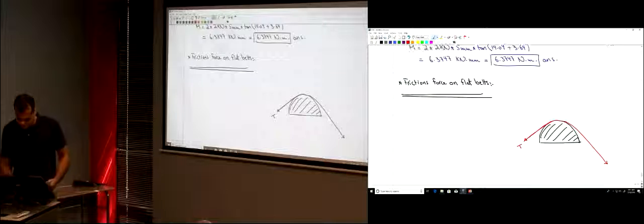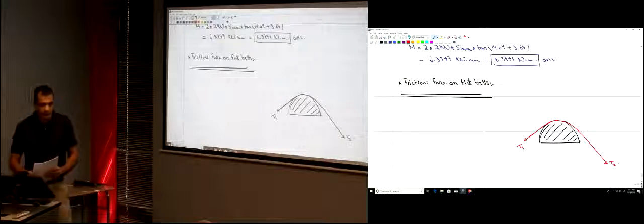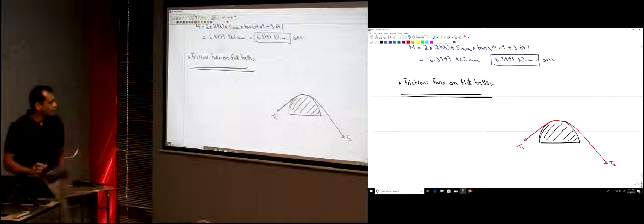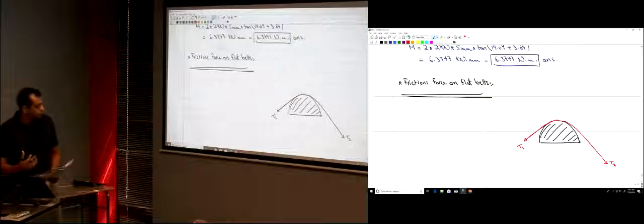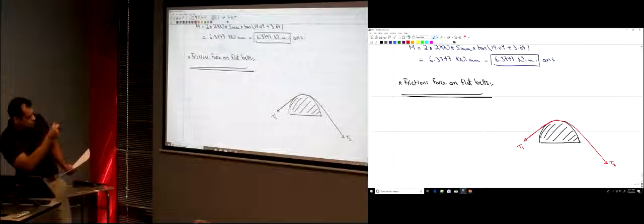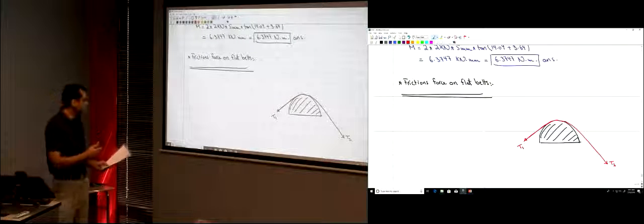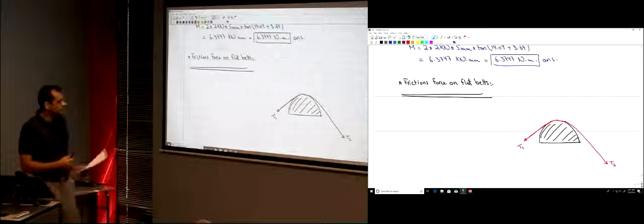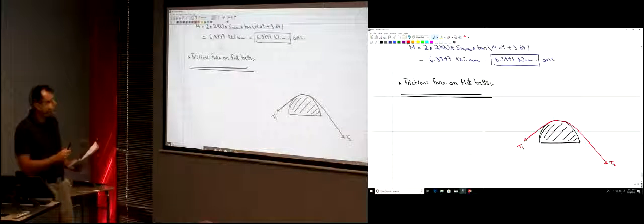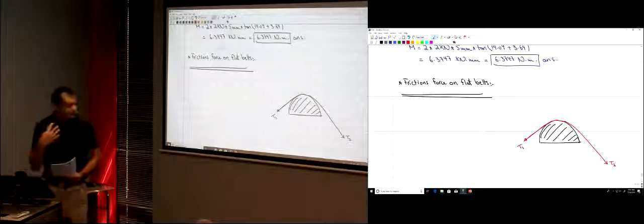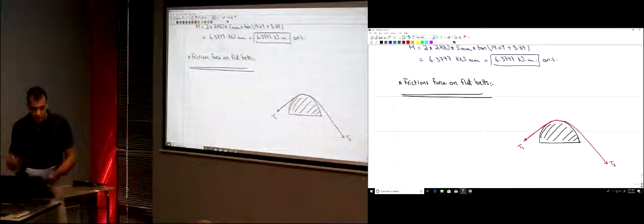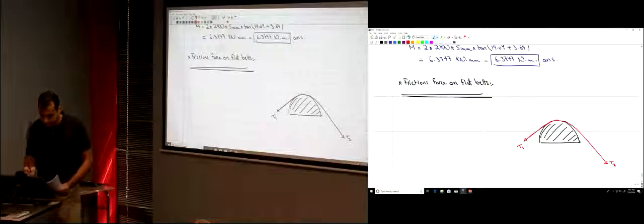So we have some force T1 and some force T2. So what is the relationship? You apply the force, let's say T2, to pull the cable or the belt. You want this to move, but the frictional force is preventing it from moving. T2 is going to be less. What's the relationship between T2 and T1? That's what we want to find.